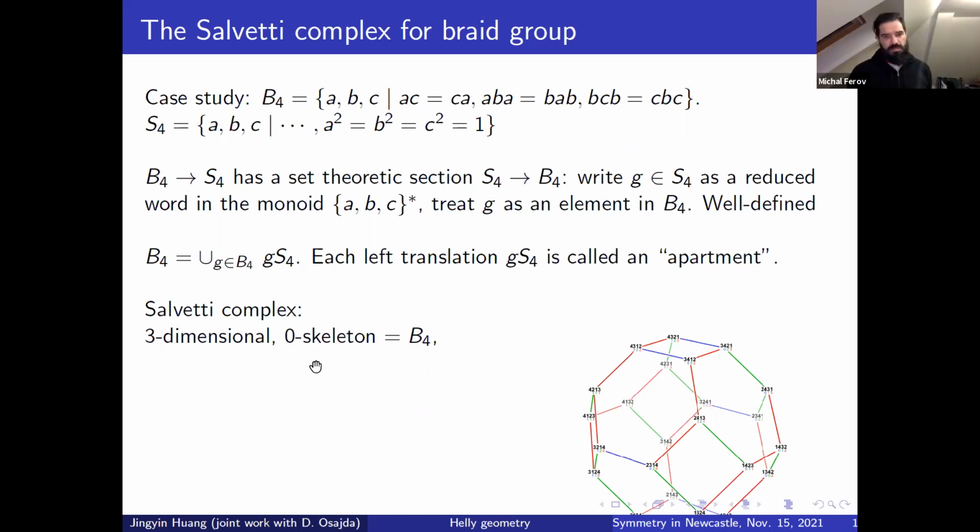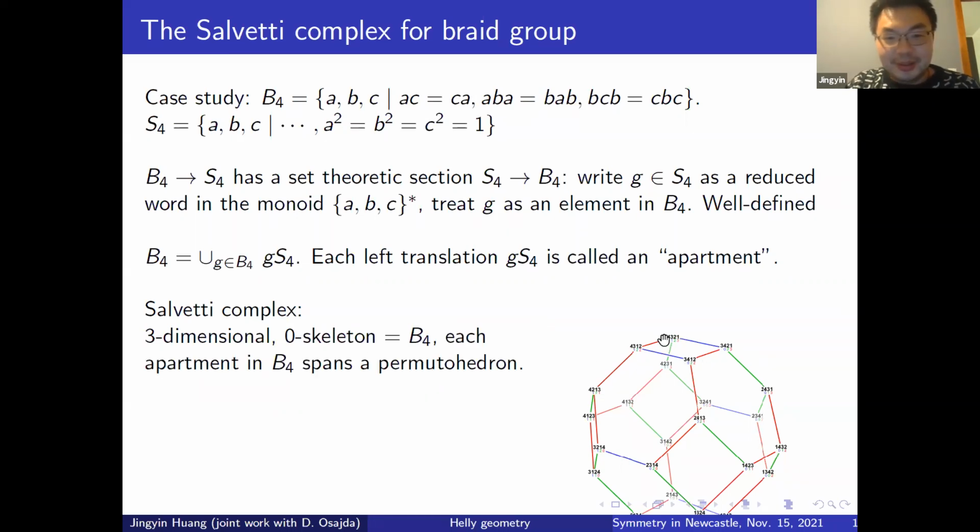And then what are the 3-cells? That's the most interesting part. So first, the 3-cells are going to be this kind of permutahedron. These are the 3-cells. Where do they come from? Let's consider S4 acting on R3.